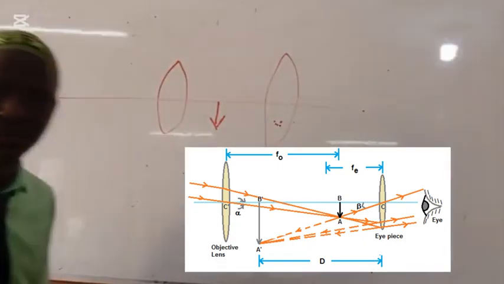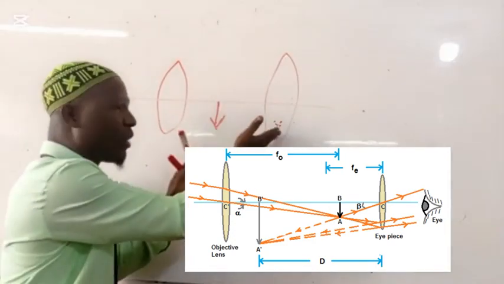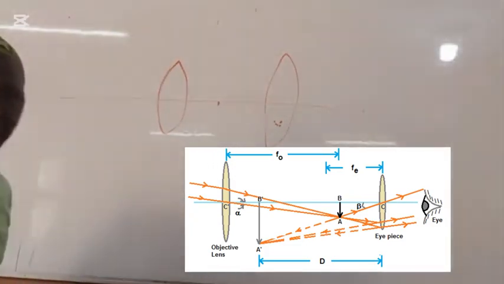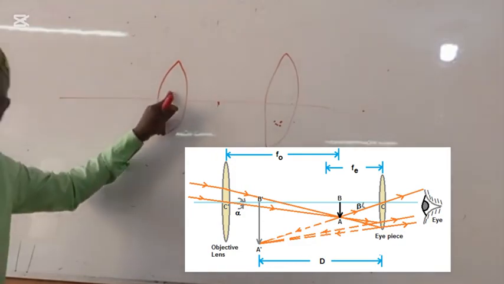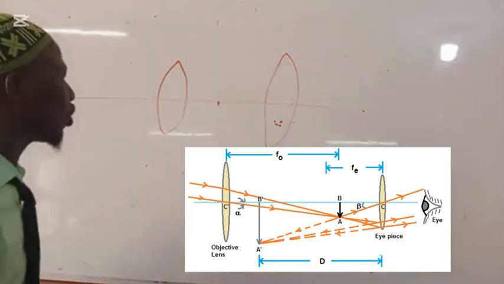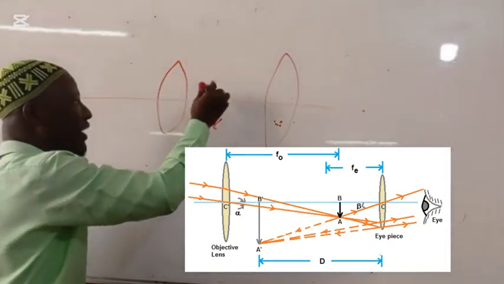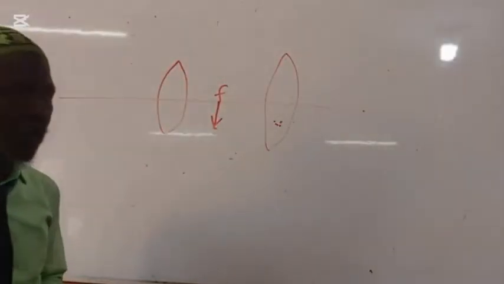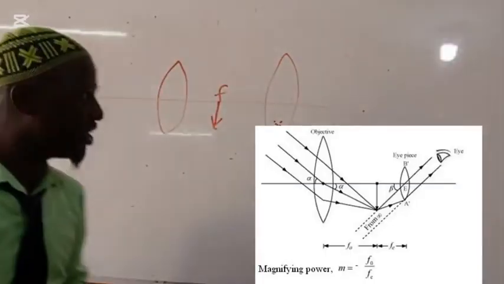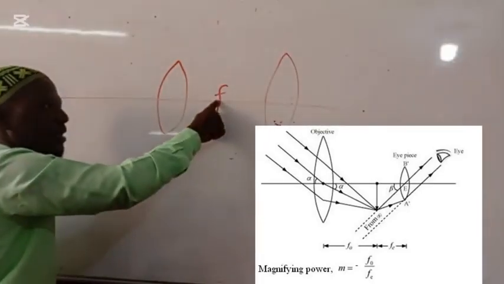And this one is called the eyepiece. Now we have another way you can arrange the two lenses, such that their focal lengths coincide. And don't forget, this one is facing an object at a far distance, at infinity, so automatically the image will form at F. If you now want to arrange this to form normal adjustment, it means you adjust this one so that its own focal length also will be here.